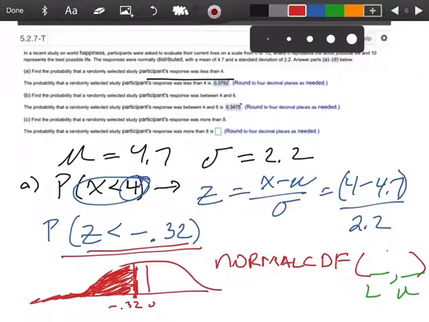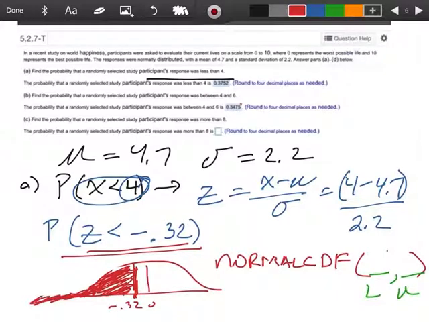So what do I mean by the lower value? If I'm shading all the way over here to the left, the lowest value I have, that means this is going on forever and ever to the left. My lower value is going to be negative 9, 9, 9. I can put as many 9s as I want. And what's my upper value going to be? Well, we're stopping at negative 0.32. Okay, there's a comma in the middle.